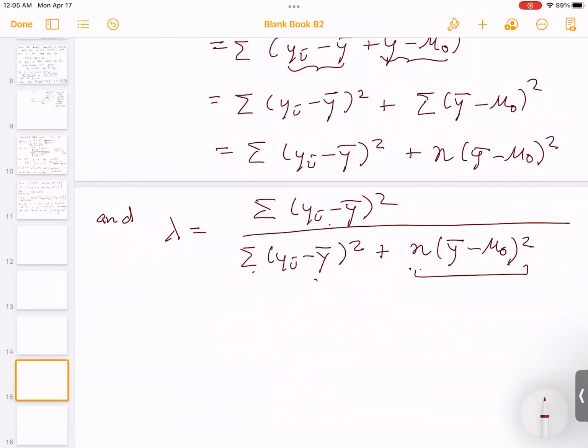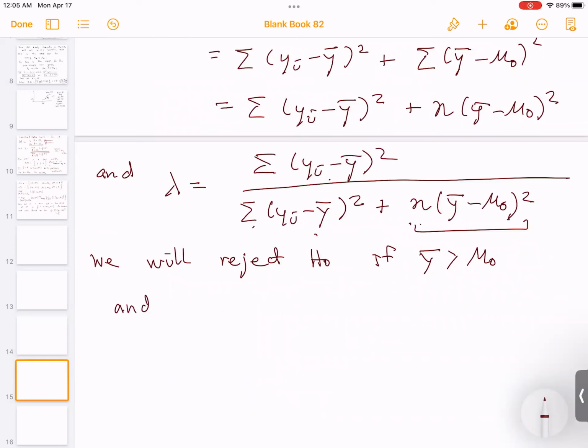So we reject if this is less than k, right? So the rule is we will LRT test, we will reject H0 according to our alpha if y bar is greater than mu zero, and this big lambda is less than k, where k is set by alpha.